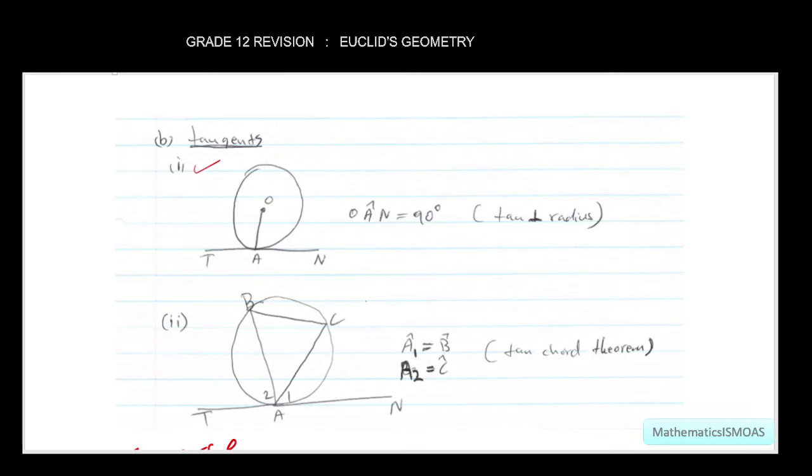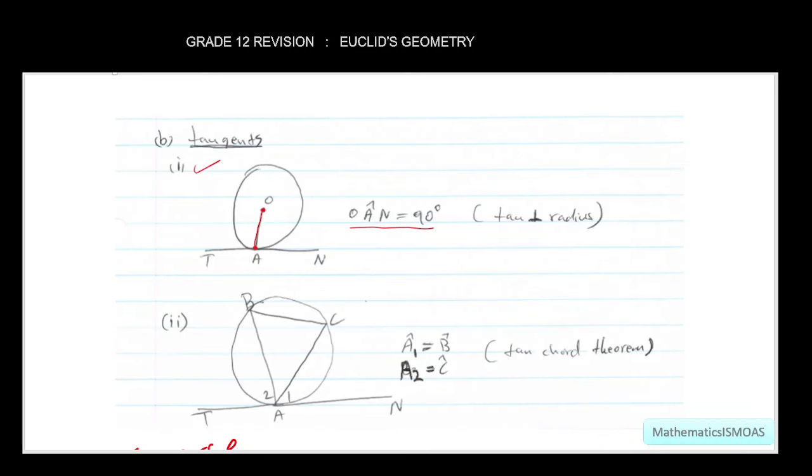Radius is a line that is drawn from the center of a circle to the circumference of a circle. And the point of contact is point A. Therefore, we are saying what? Angle OAN will be equal to what? 90 degrees. What is the reason? The reason is: a tangent is perpendicular to radius.